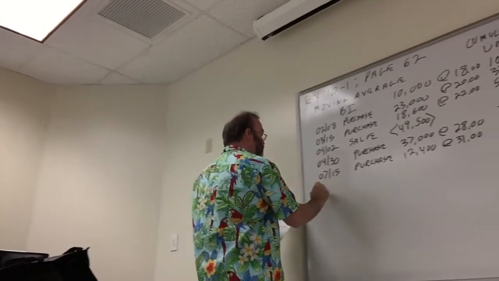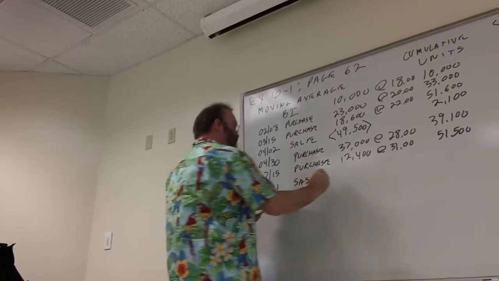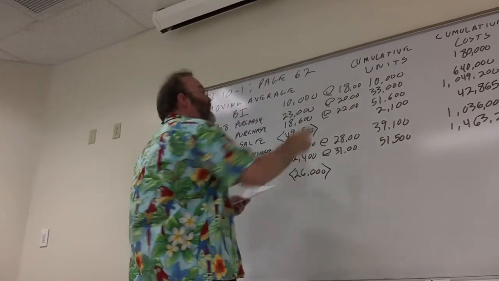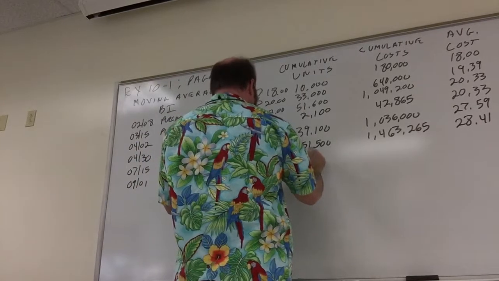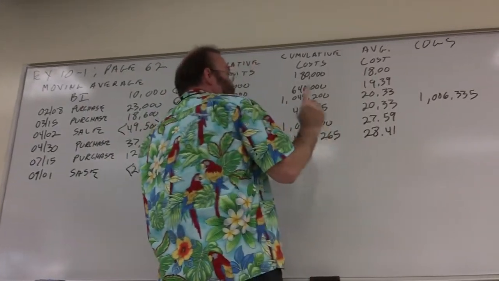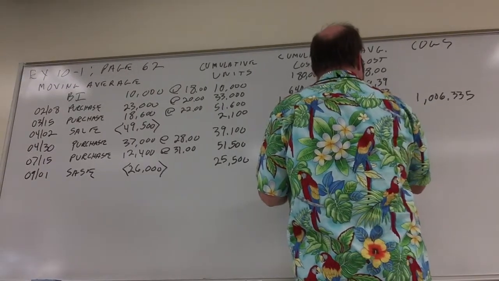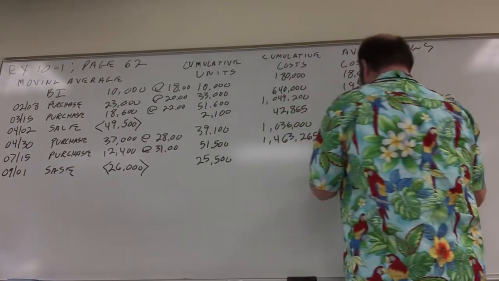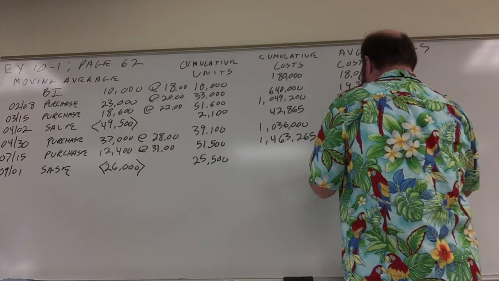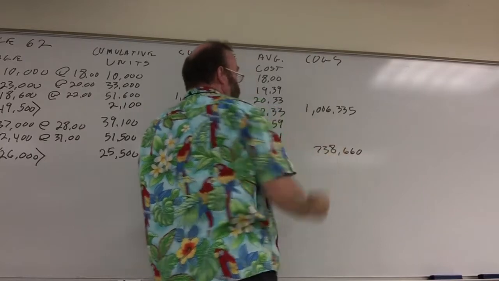On September 1, we make another sale. We're going to sell 26,000 units. That's going to bring our cumulative units down to 25,500. And we're going to sell them at the $28.41 cost. So that's a $738,660 cost of goods sold.